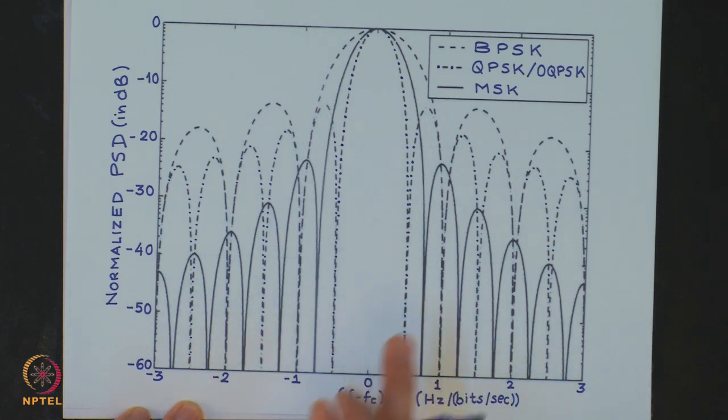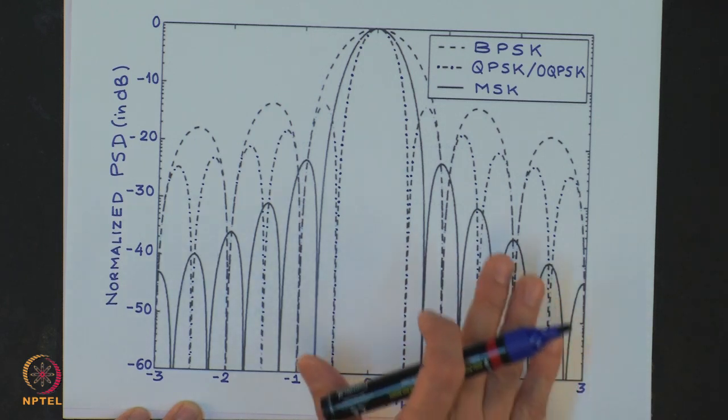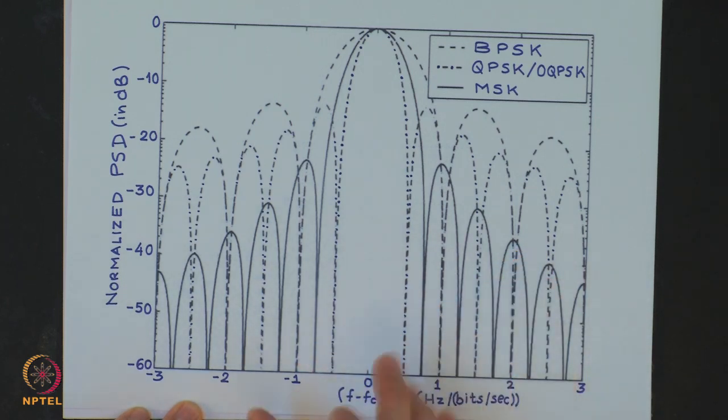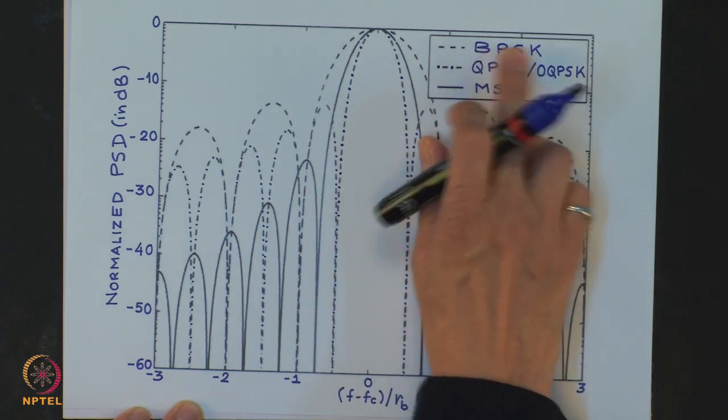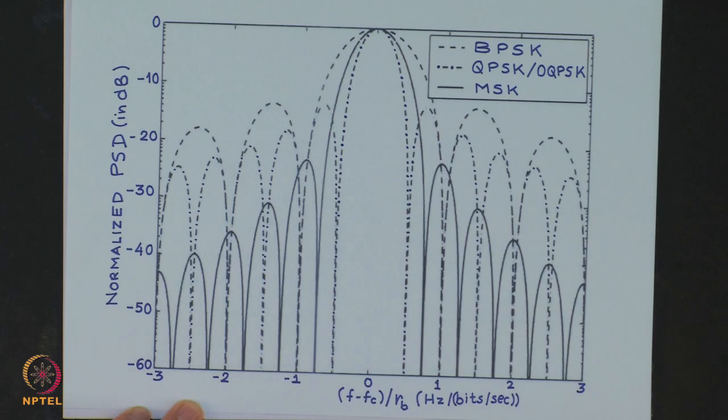So, remember that BPSK requires more bandwidth than the others for any reasonable definition of bandwidth, such as the null to null or fractional out of band power definition. Whatever definition for bandwidth we take, the BPSK requires more bandwidth, and the theoretical null to null bandwidth efficiency of BPSK is half that of QPSK. We have seen this earlier.